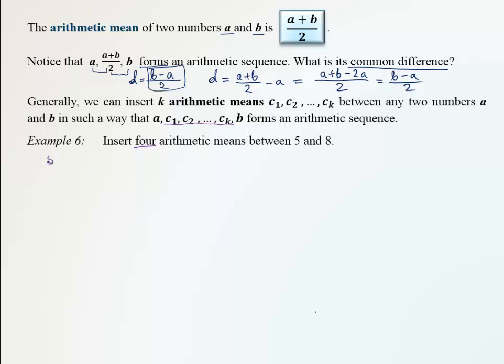Well, if I have 5 here, we could pretend that 5 is our first term in a future arithmetic sequence, and then we need to insert 1, 2, 3, 4 numbers such that they will create an arithmetic sequence together with the last one, which is really a6, because that's 1, 2, 3, 4, 5, 6, and this a6 is equal to 8.